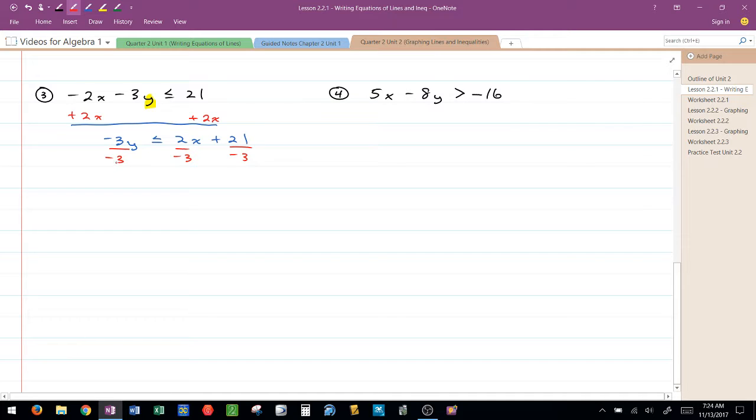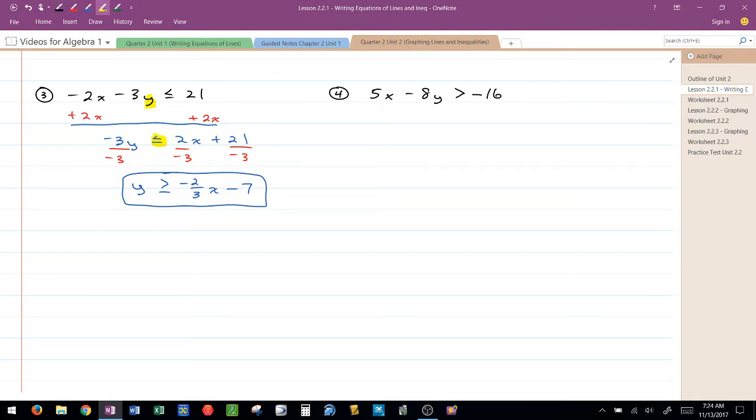Because I'm dividing by a negative, I know that my inequality sign has to flip. So instead of it being a less than or equal to, it's going to become a greater than or equal to. And I have y is greater than or equal to negative 2/3 x, and then 21 divided by negative 3, well, that's going to be negative 7. Pretty simple rule, but I have to be on the lookout for it.